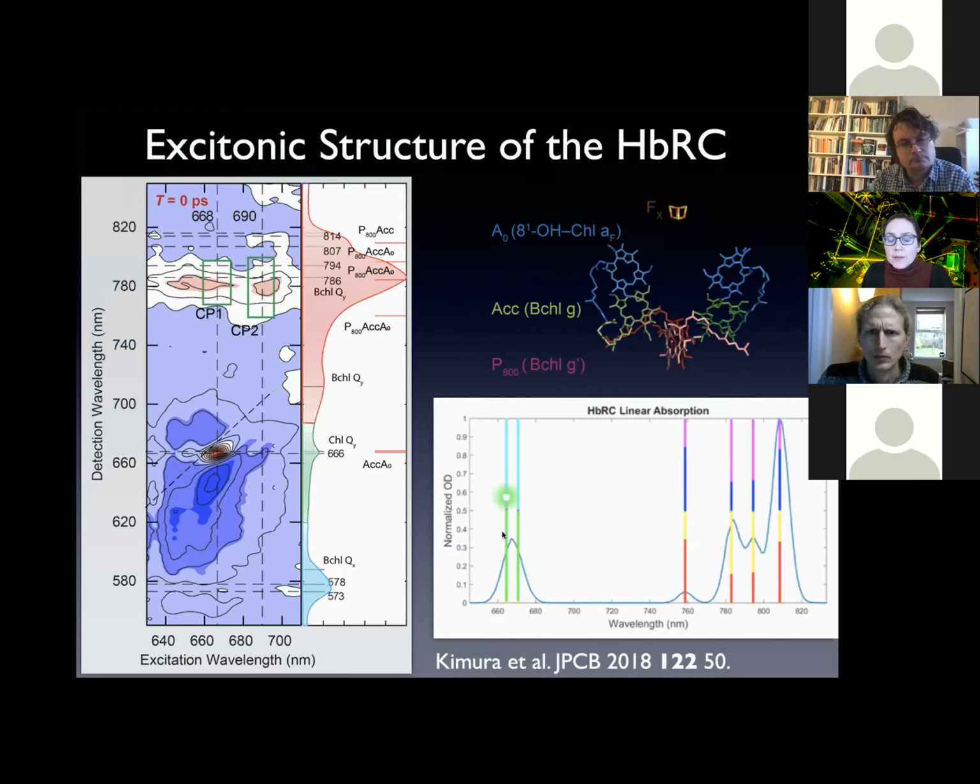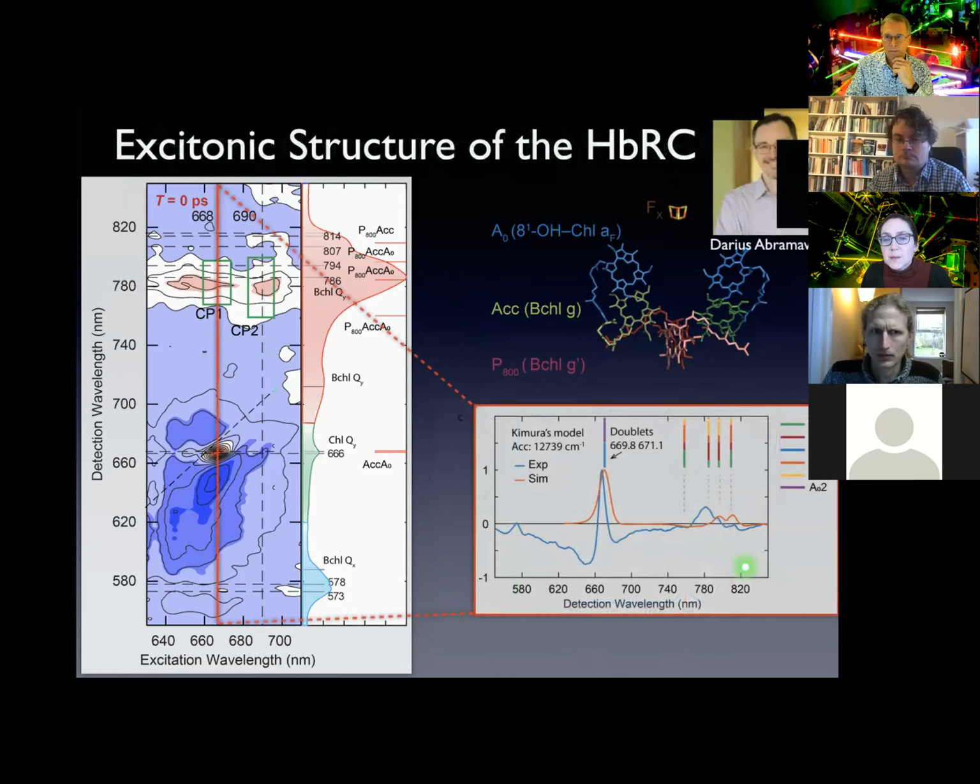Here I'm showing, from the excitonic model of Kimura and co-workers, the positions of the various exciton states. Here are 2 corresponding to primarily excitation of, or participation by, A0, and then these are from the bacterial chlorophyll G and G prime pigments.